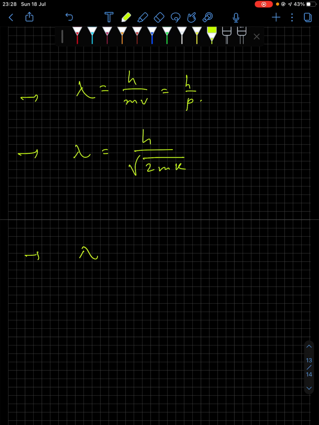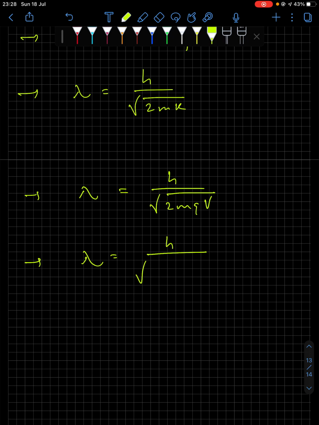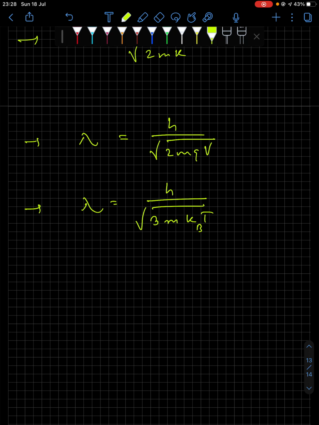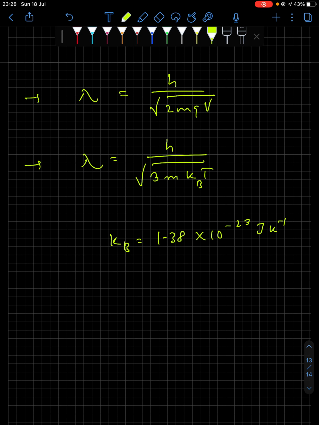Then a relation between de Broglie wavelength and accelerating potential: h by square root of 2mqV. Then a relation between de Broglie wavelength and temperature: h by square root of 3mkT. Now this k is the Boltzmann constant, kB. Its value is 1.38 times 10 to the power minus 23 J K inverse. So this is the last relation.